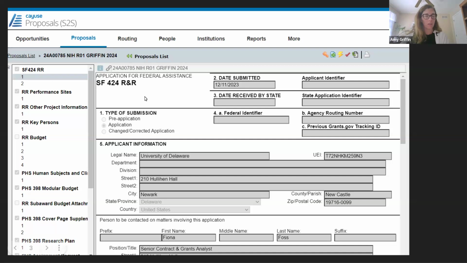And notice here, this is a grant that I submitted on December 11th, 2023. I have R&R budget unchecked, and I have the PHS 398 modular budget checked. So I used a modular budget for this particular grant.